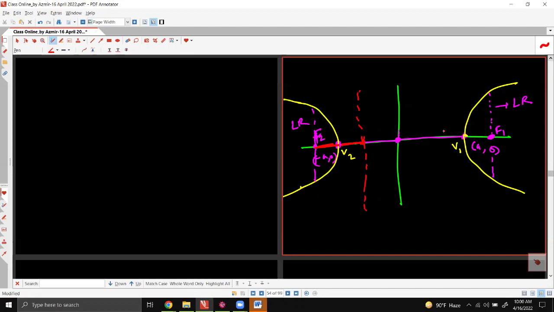This is a line, so directrix 1. Similarly, whatever distance we have here, if we come with the same distance in the opposite side, we will get a directrix. So let's say this is directrix 2, and the axis that we can see here, the x-axis, is known as the transverse axis.